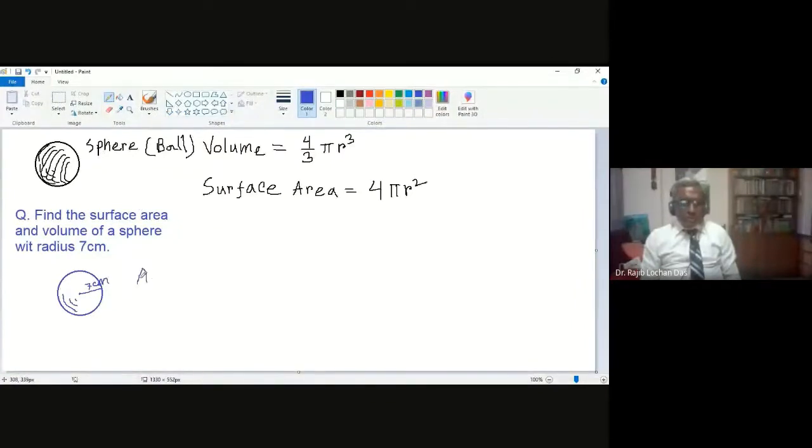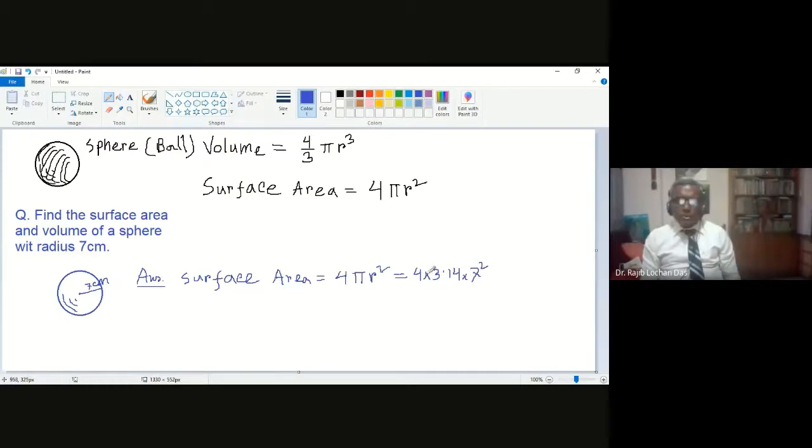The answer will be surface area. You use the surface area formula. You already know the formula, and your r is 7. You write 4 pi r square, then put the value: 4 into 3.14 and then 7 square.